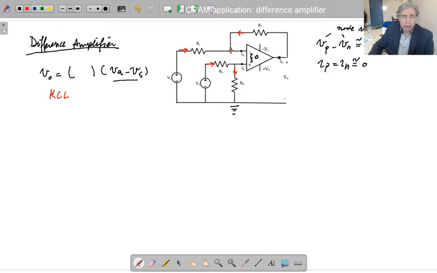In this Kirchhoff current law equation, I am going to have this current plus this current. But on the other hand, I know that this current is equal to 0 since In is equal to 0. So I am not going to write this term in the equation. So that is I minus IRS minus IRF is equal to 0. Why are they minus? Because both of the currents are coming towards the node, that's why I put the minus sign in front of it.